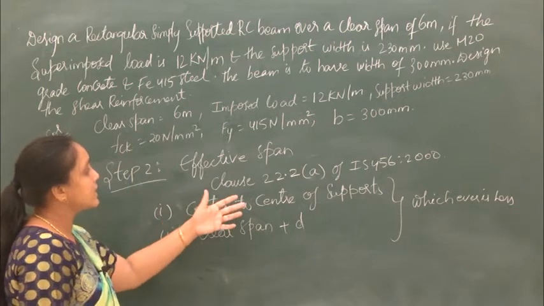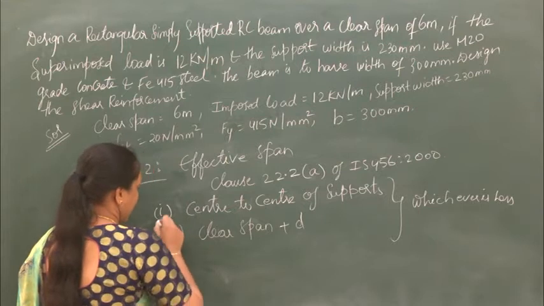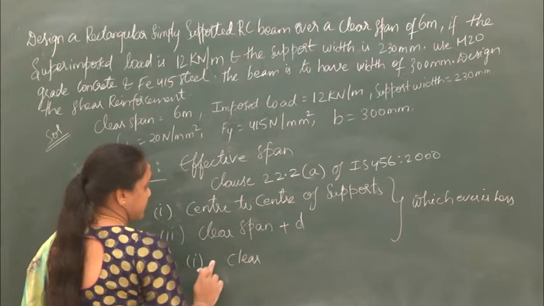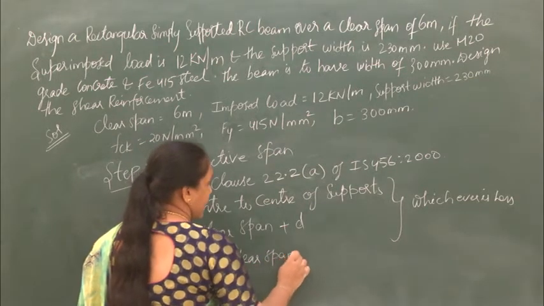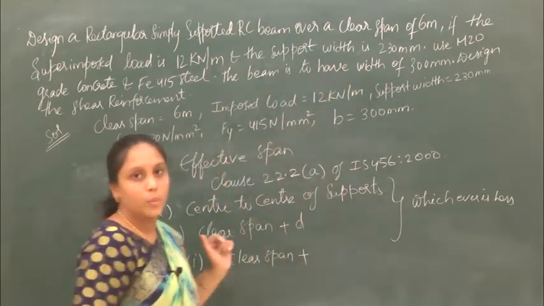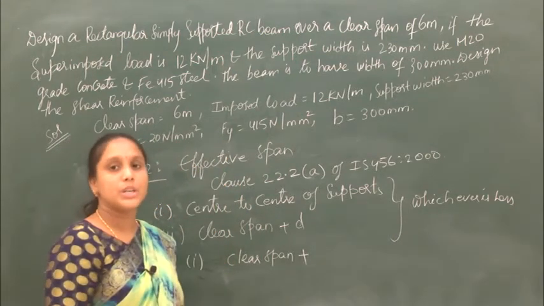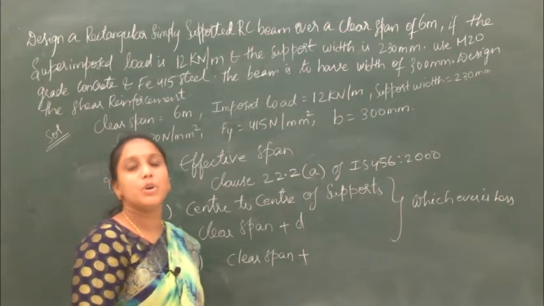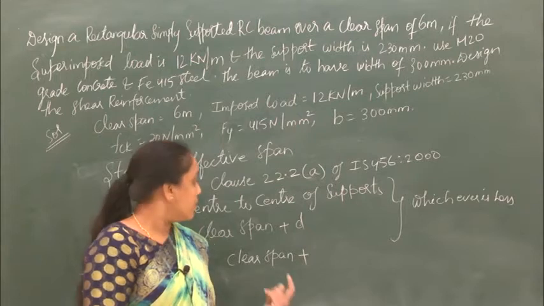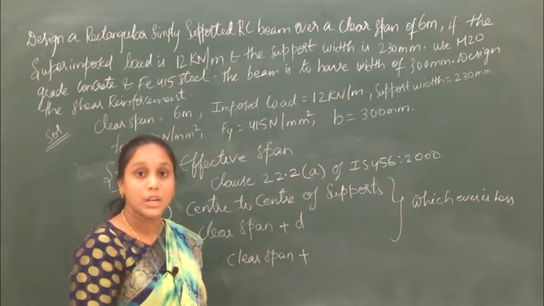How will we calculate the center to center of support distance? It will be clear span plus the support width. Here the support width is given as 230 mm. A simply supported beam will be supported on both the ends, isn't it? So here you have to consider the center to center of the supports.